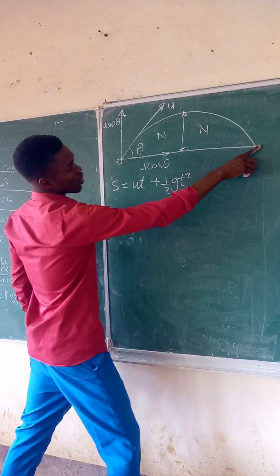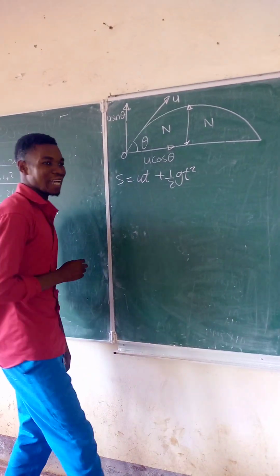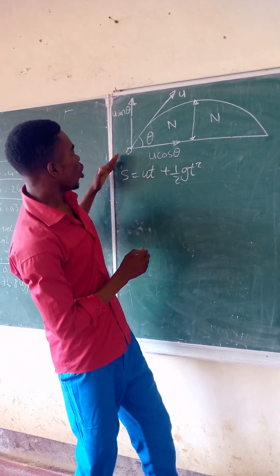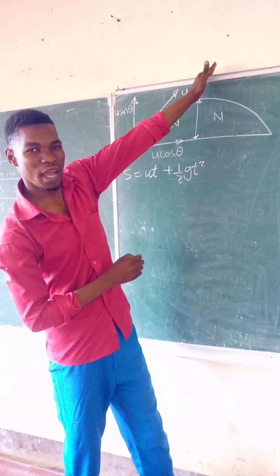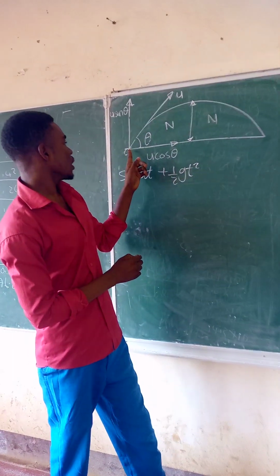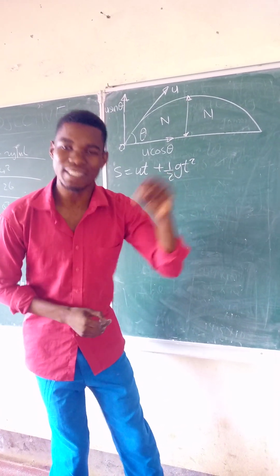If this projectile reaches its final destination, S is equal to 0, and we know for sure that the initial direction of projection is upwards, meanwhile gravity acts downwards. So as the projectile is going up, it is slowing down. That means it is opposing gravity.